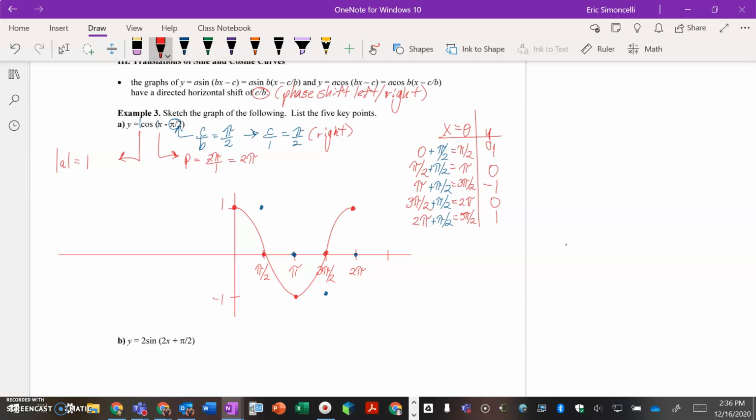And of course that last value, 5 pi over 2, we had to add. And that then is of course the last point. And your full period is again established. It's still a period of 2 pi. There's no change there. But again, it's shifted to the right, pi over 2.